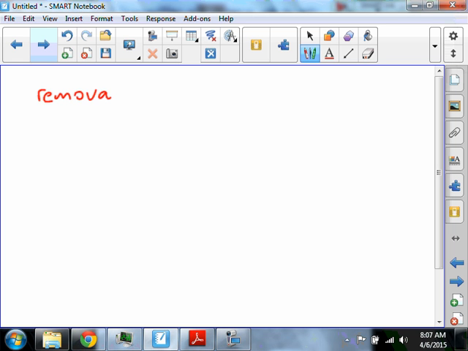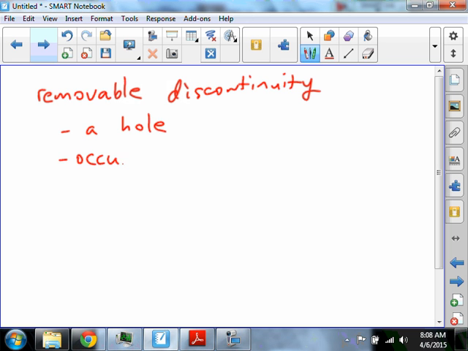So let's talk about this one for a minute. Removable discontinuity. A removable discontinuity. That is a fancy way of saying a hole in the graph. Okay? And this occurs when there is a common factor.